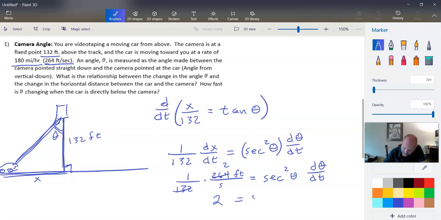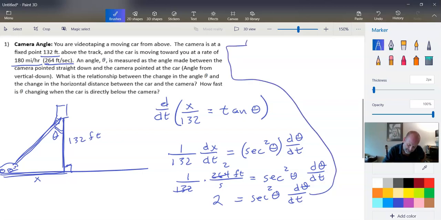So 2 is equal to secant squared theta times d theta/dt. If I divide by secant squared, I get 2 over secant squared theta is equal to d theta/dt, which is what we're looking for.